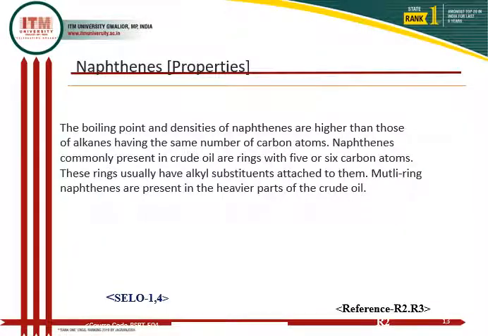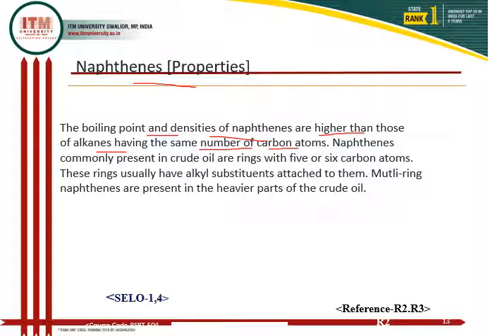So the next important hydrocarbon is the naphthene, and these are saturated, cyclic hydrocarbons. The boiling points and densities of the naphthenes are higher than those of alkanes having the same number of carbon atoms.